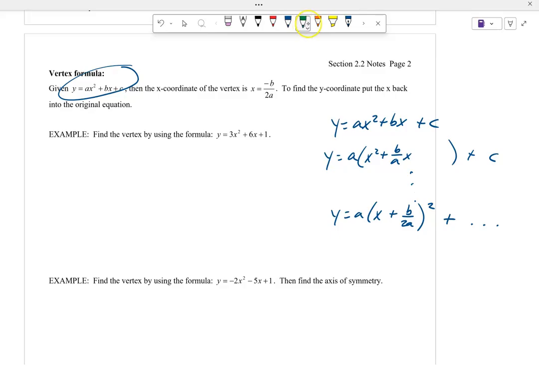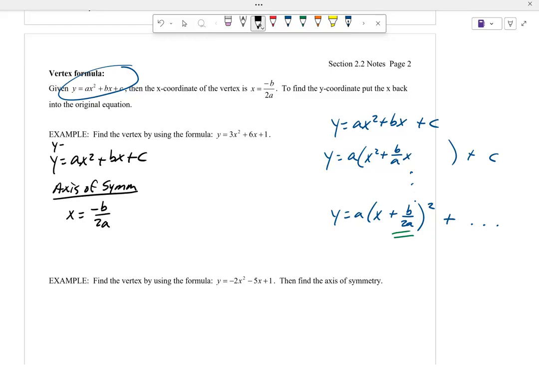The point in completing the square is to recognize that that's your h right there. So if you're already in this ax squared plus bx plus c standard form, then instead of going to the effort to complete the square, just know that your axis of symmetry is -b over 2a.